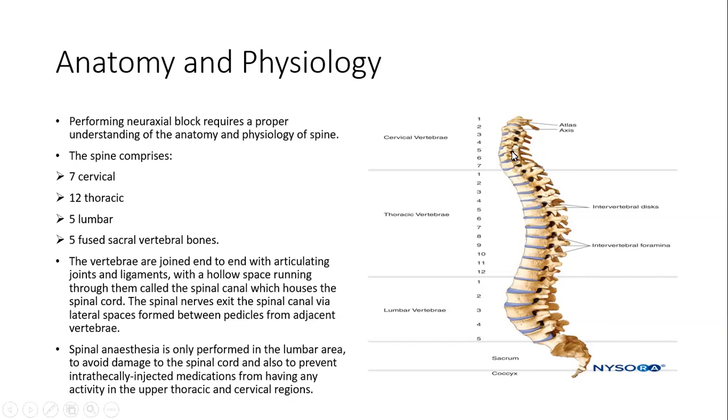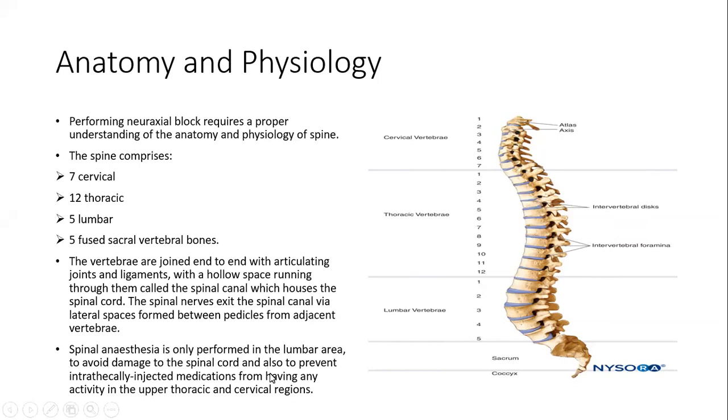You can see the arrows on the right side of the slide. This is also important because when you are positioning your patient, you want to open the space in order for you to access the subarachnoid space.